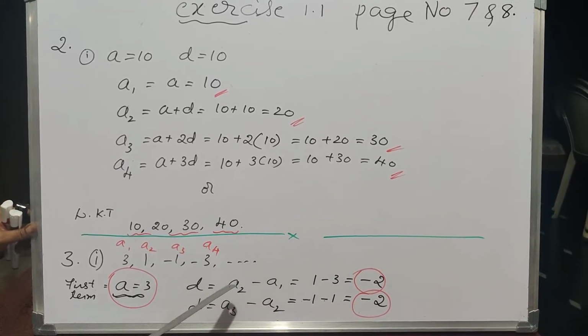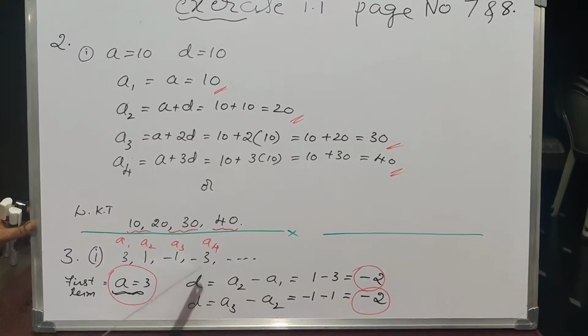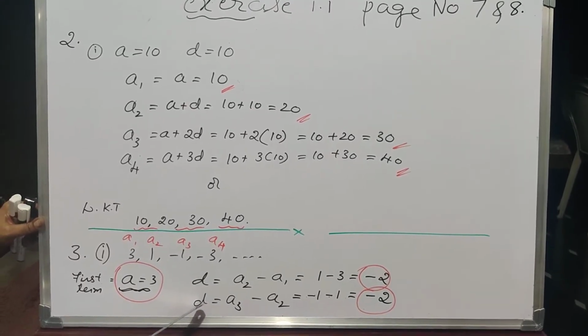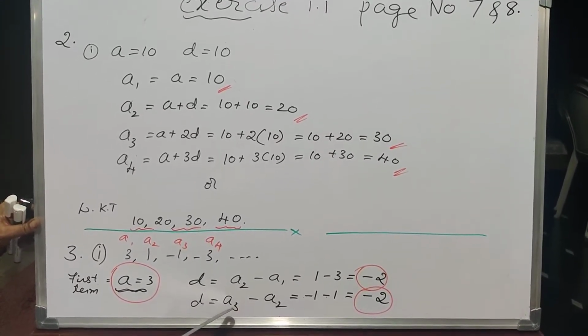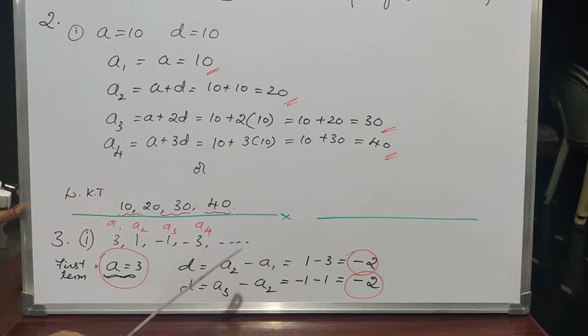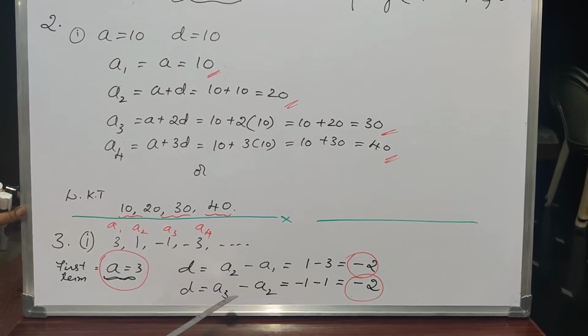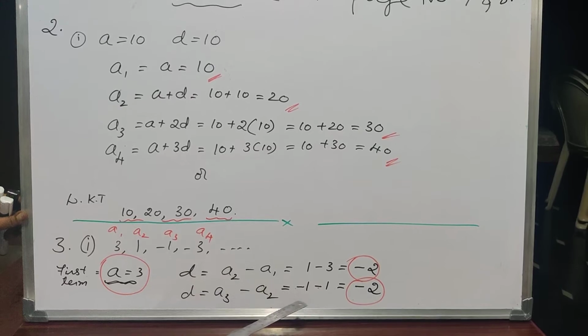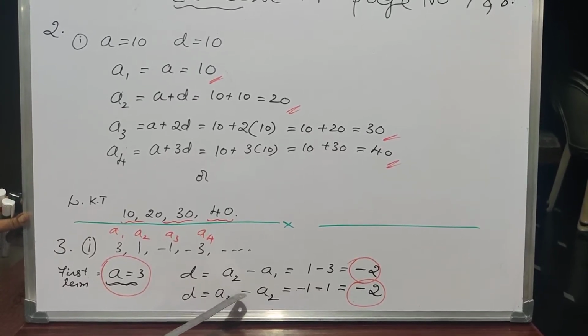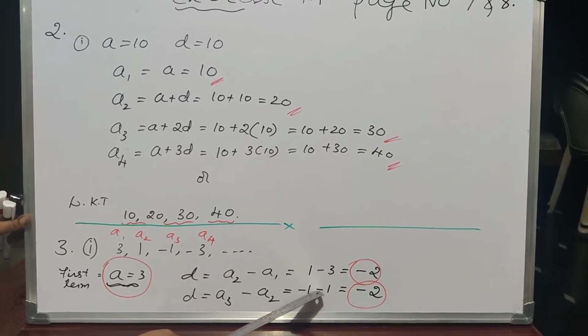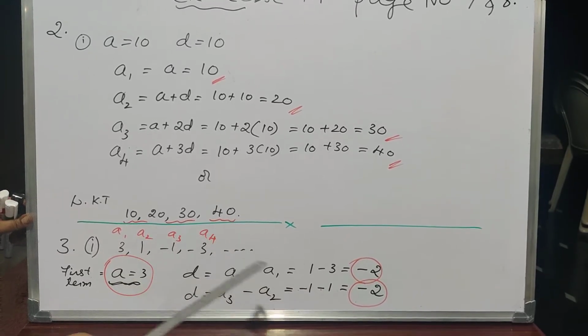I am showing the next one. For that, D is equal to A3 minus A2. I am taking the next consecutive term. Here A3 is equal to -1. I written it here, then minus as it is, A2 is equal to 1.